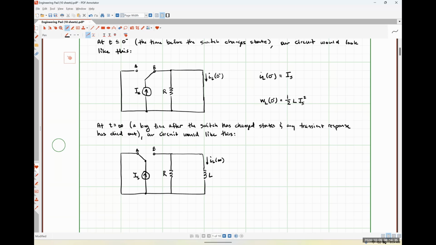And we need to figure out what IL at infinity is going to be. Once again, because we're at DC steady state, I could replace this inductor with a short circuit. I want you guys to perform circuit analysis and tell me what IL at infinity should be.